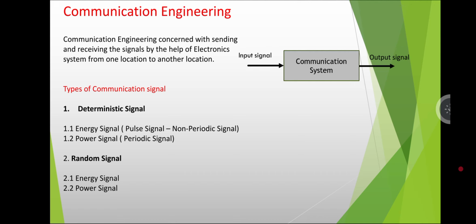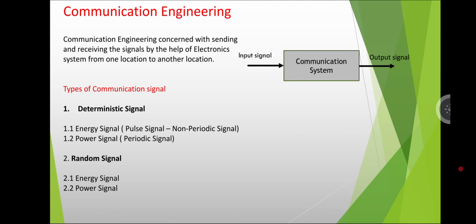Okay, so let's start with the types of communication signals. Number one is deterministic signals. Deterministic signals have two types. One is your energy signals, which may also be called pulse signals, and those are non-periodic signals.